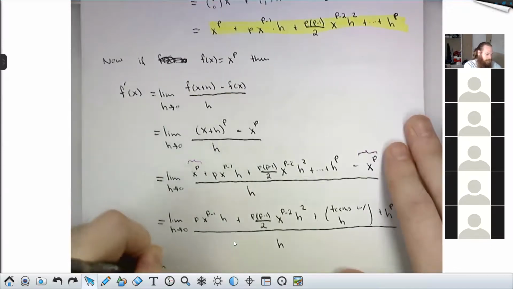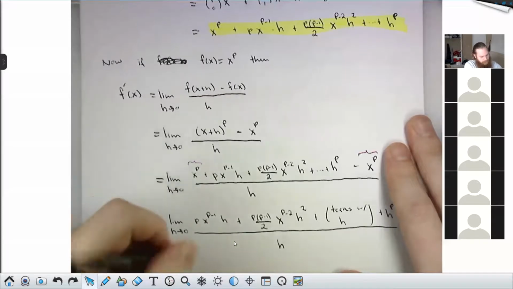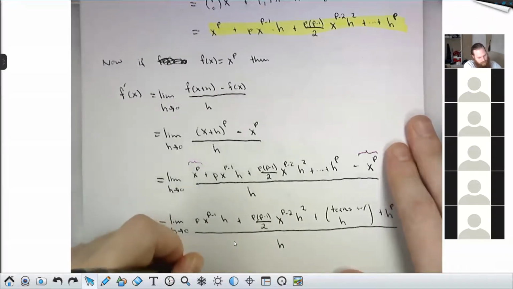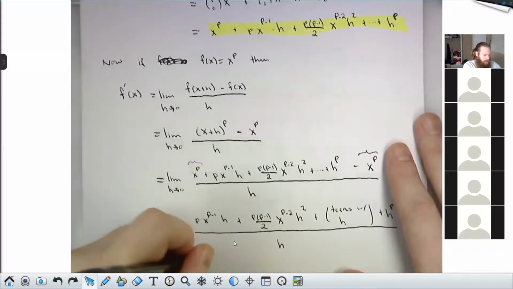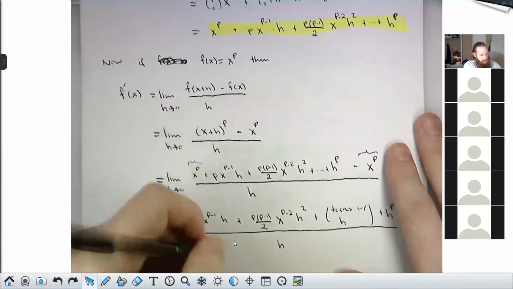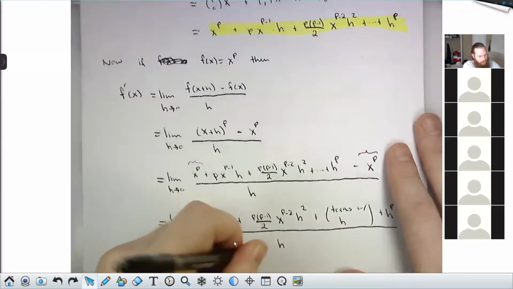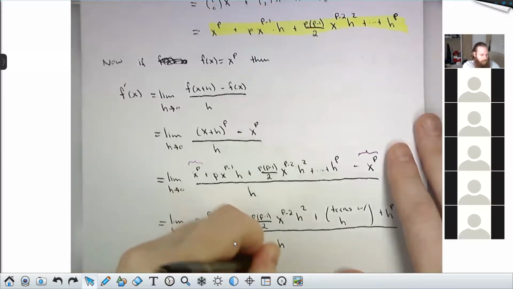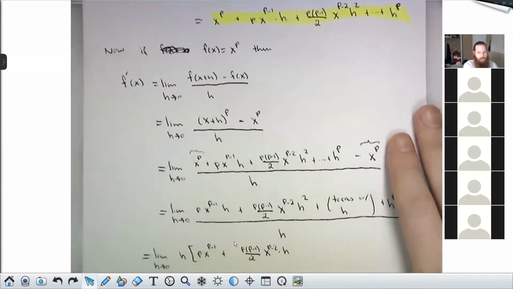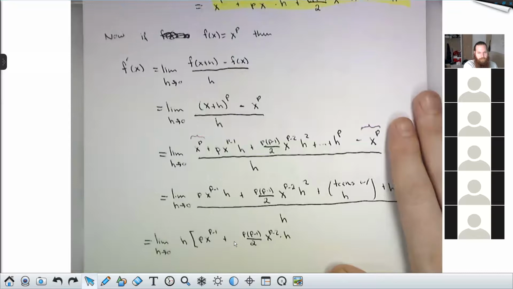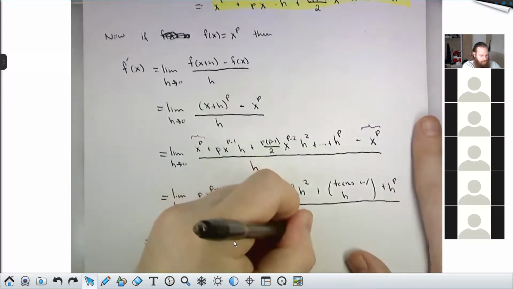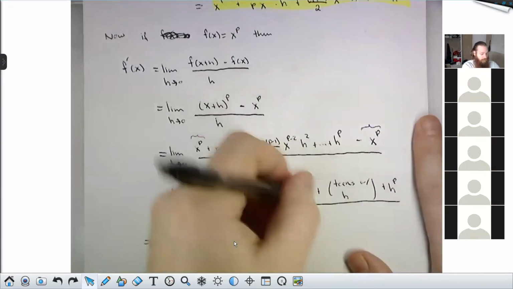I'll have the limit as h goes to 0 of h times [p times x to the p minus 1 plus p times (p minus 1) over 2 x to the p minus 2. When you factor an h out there, there will still just be an h, because that was an h squared, plus terms with h in them, right?